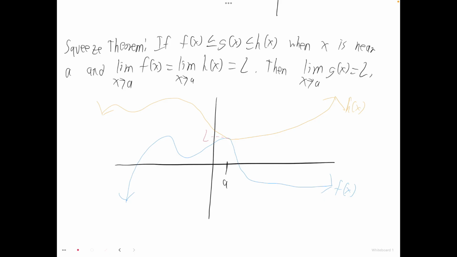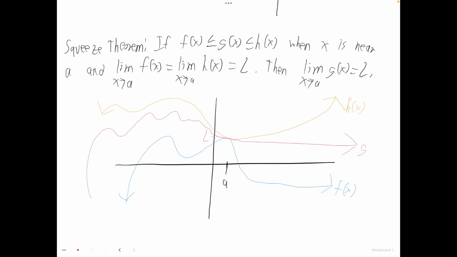So g of x can be doing any number of things, but as we go towards a, it's forced to stay between h of x and f of x. And so the only value g of x can take on is that same value. It's stuck between the two of them. And so since it's stuck between the two of them, its limit must be the same value. It's getting squeezed between the two. That's the idea, and it's forced to have the same limit value.